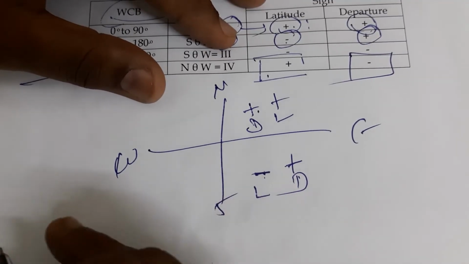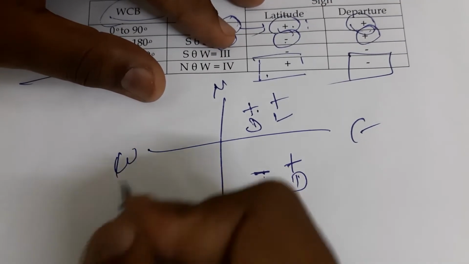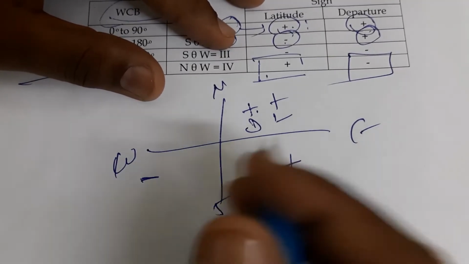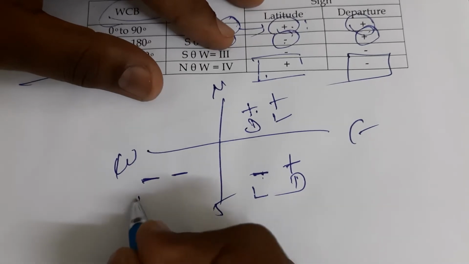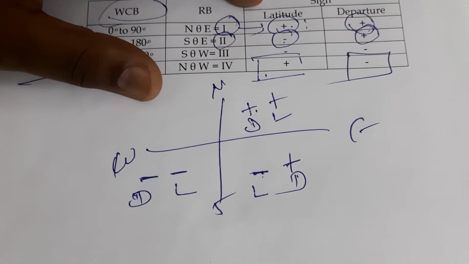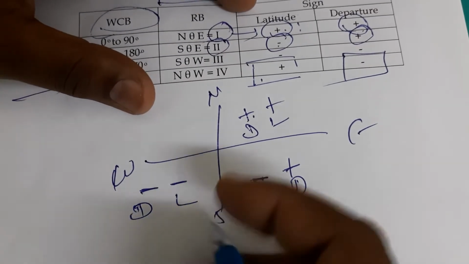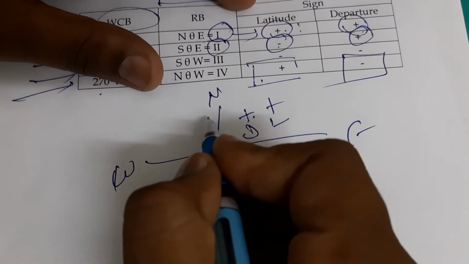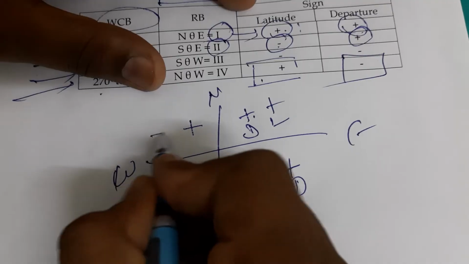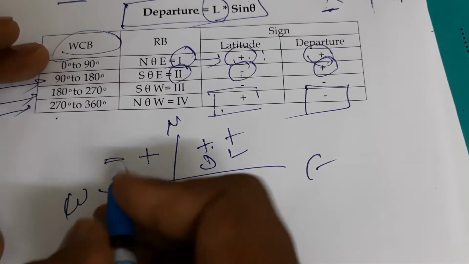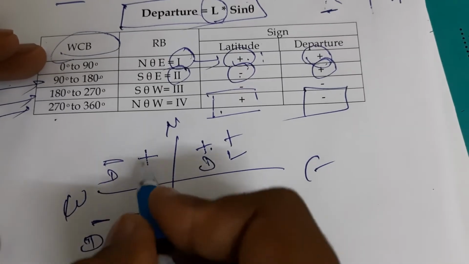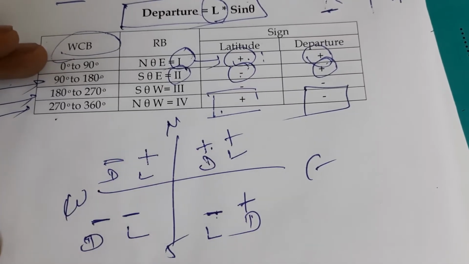Similarly for the third quadrant. In the third quadrant, south has a negative sign and west also has a negative sign. So in the third quadrant, the departure as well as the latitude are both negative. In the last quadrant, the north direction is upward, so it is positive, and the west side is negative. So the departure has a minus sign and the latitude has a positive sign.